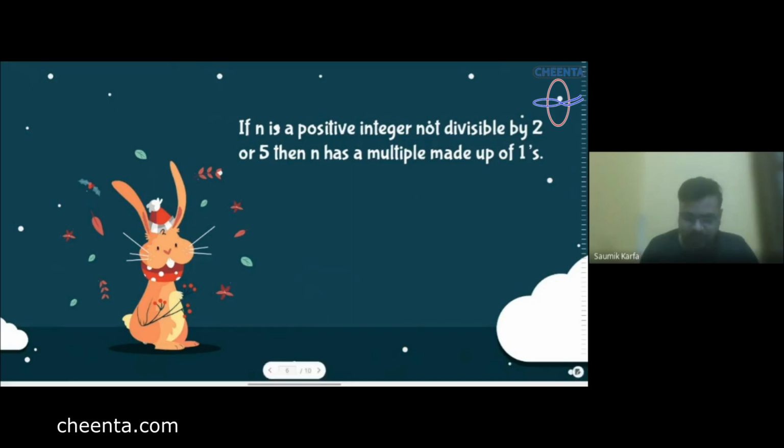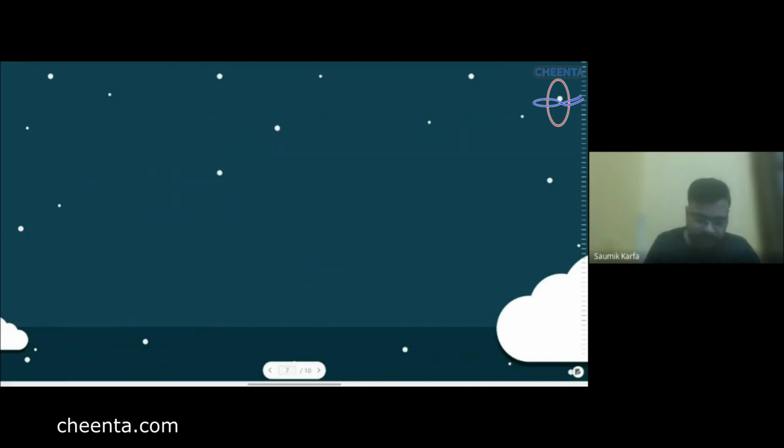Now what we'll do? We'll consider a list of numbers, let's say like this: 1, then 11, then 111, then 1111, and so on. So the nth term of the sequence, if we denote it with a_n, will contain n ones in it.